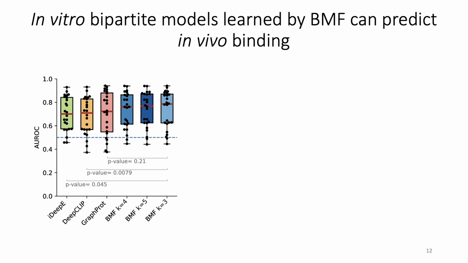Quantifying the performance with the area under the ROC curve results in a picture like this, where BMF models with a length of 3, 4, and 5 are shown in blue, and in red we have the GraphProt tool based on support vector machines and two deep learning tools, DeepClip and iClip. And we do see that BMF works a little bit better at predicting new binding sites.